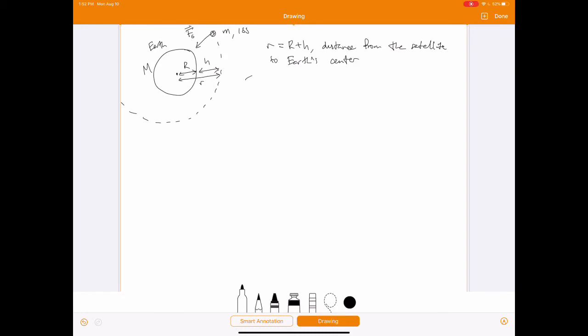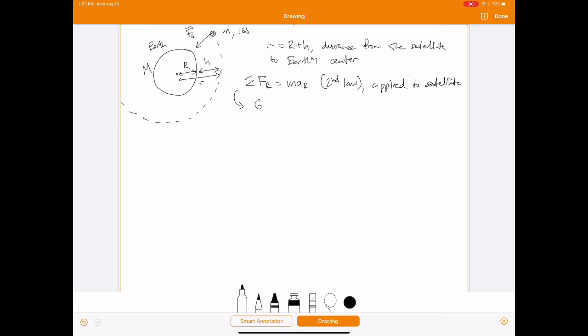Okay, next, we're going to take F equals ma in the radial direction. That's Newton's second law. And we're going to apply it to the satellite. Well, the left side of the equation is the net force, and there's only one force, which is gravity.